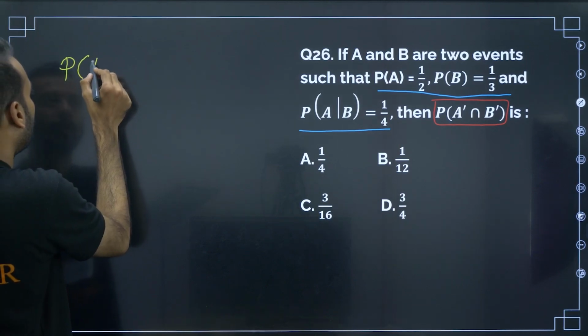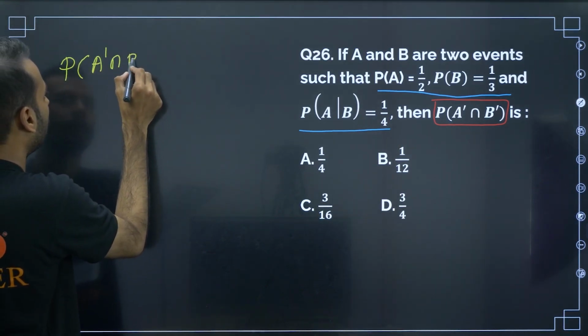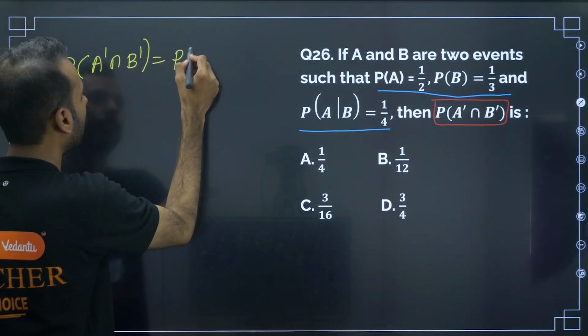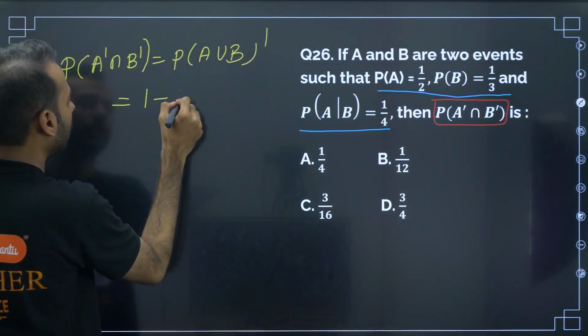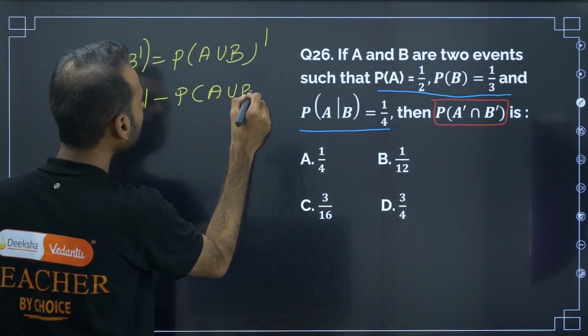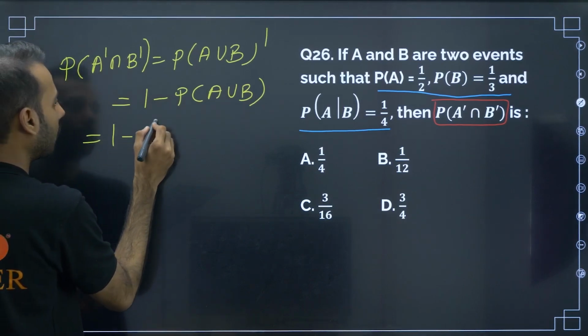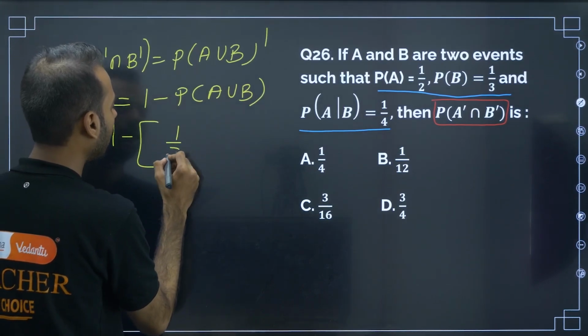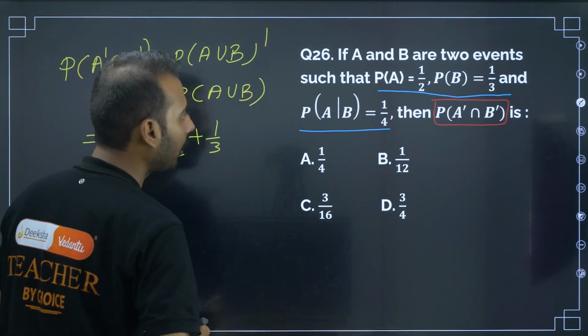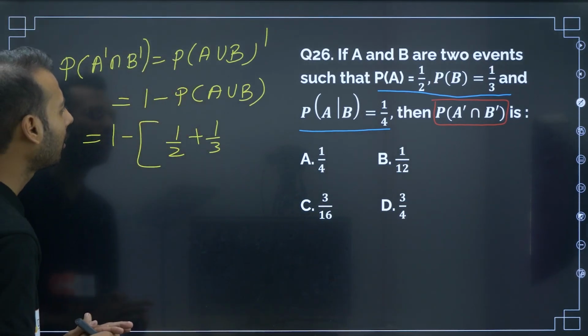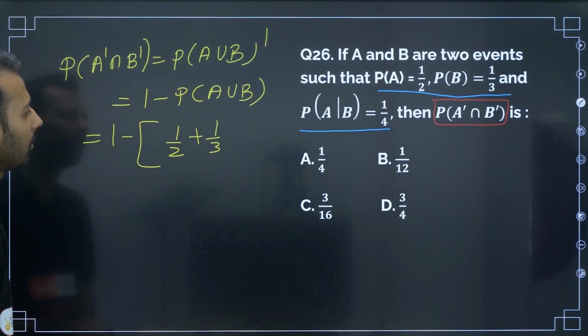Probability of A dash intersection B dash is equal to probability of A union B dash, which is equal to 1 minus P of A union B. P of A union B is P of A plus P of B minus P of A intersection B. What is P of A intersection B?